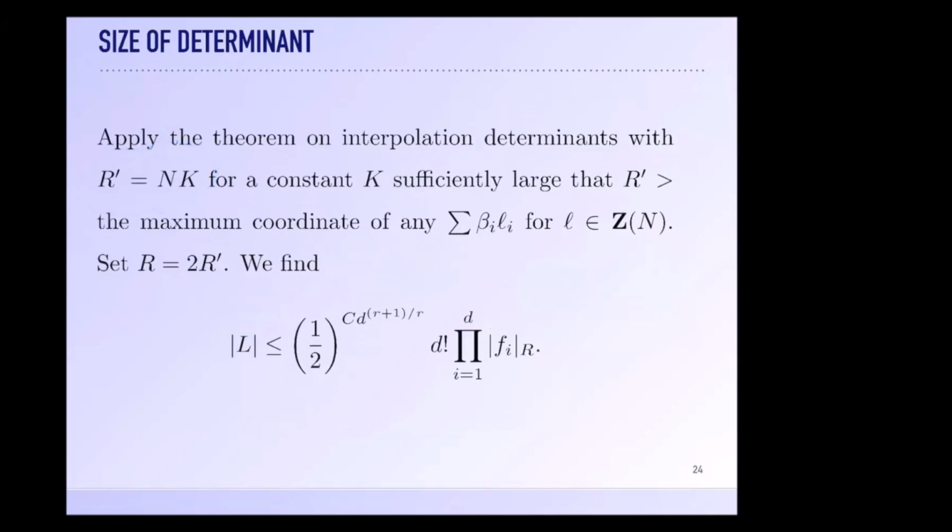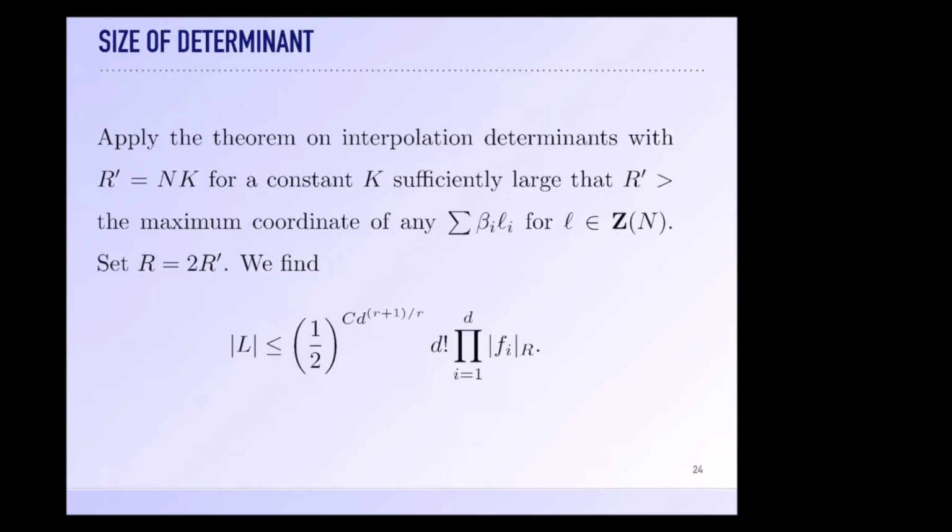Then we're just going to let r be anything bigger. It doesn't really matter, so we'll just take 2r prime, because we're just going to use a naive bound on the size of this. These are entire functions, analytic on the whole C to the r, so it doesn't really matter what we take.